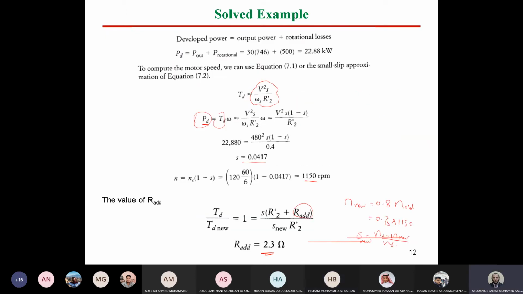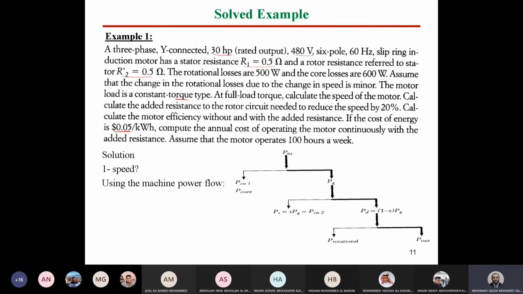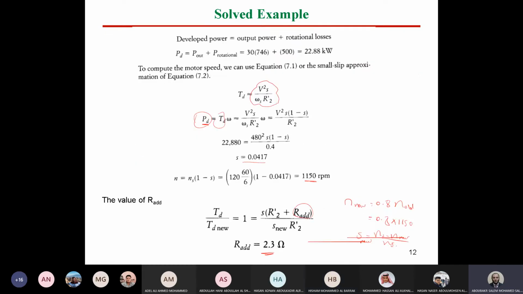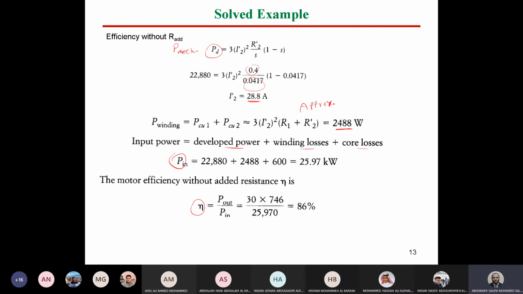Let's read the question here again: compute the annual cost of operating the motor continuously with the added resistance. So it's not needed to compare it with the previous case. We just need the second case. Okay, clear. Your idea is also okay, but it's needed here to calculate only the added cost.